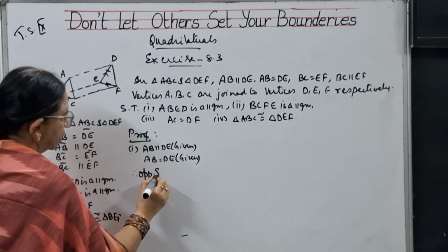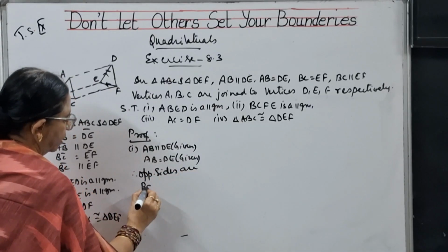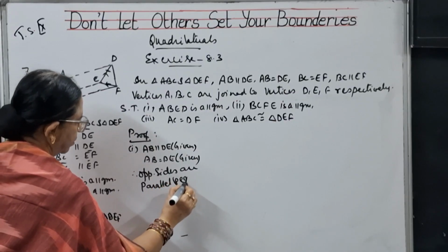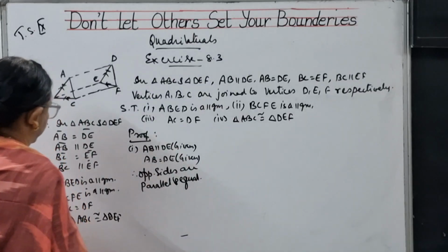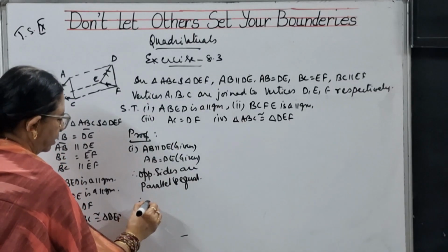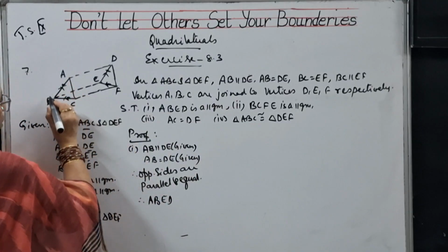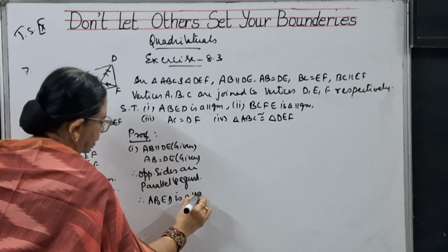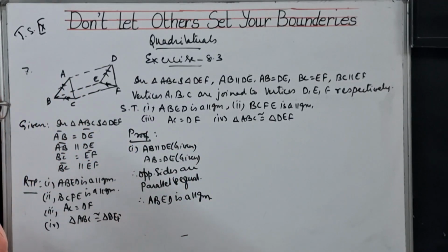Opposite sides are parallel and equal. So if opposite sides are parallel and equal, we can say that ABED is a parallelogram. So the first bit we have proved in this way.